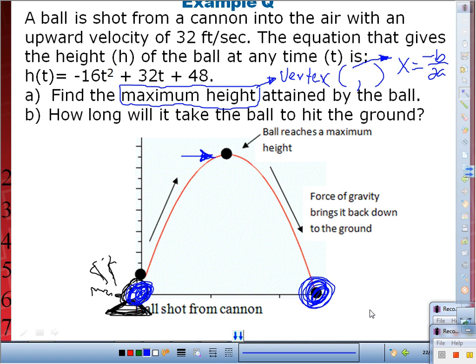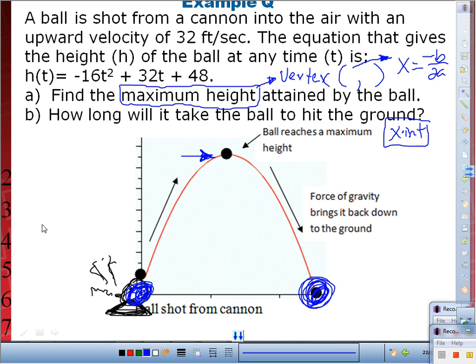So make a little note for yourself right here. Write x-intercepts, which means how long it will take the ball to hit the ground. That means we need to find our intercepts to figure that out. And how do we do that? By solving our quadratic equation.